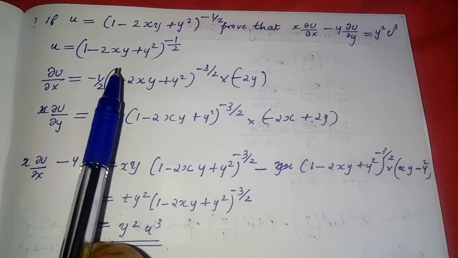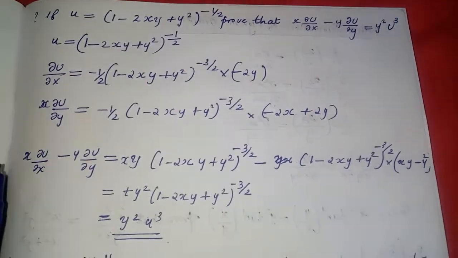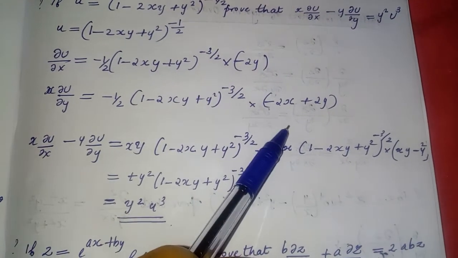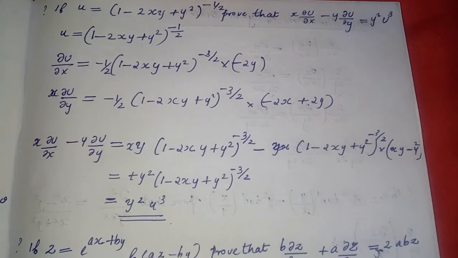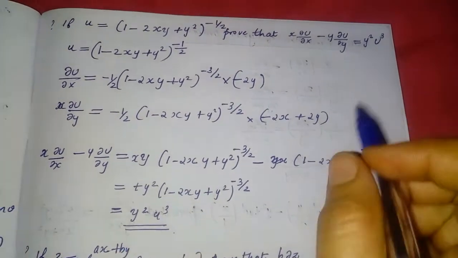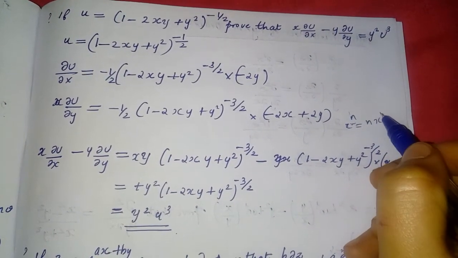So we consider u, and ∂u/∂x with y as constant, and ∂u/∂y with x as constant, and we have to get the derivative. You know the derivative of x power n is n x power n minus 1.